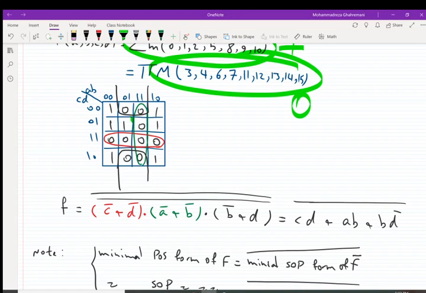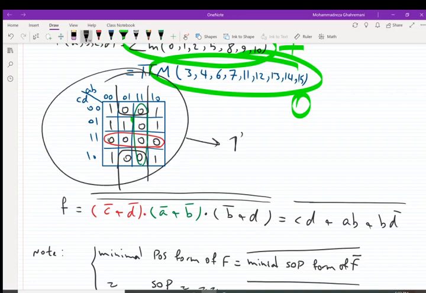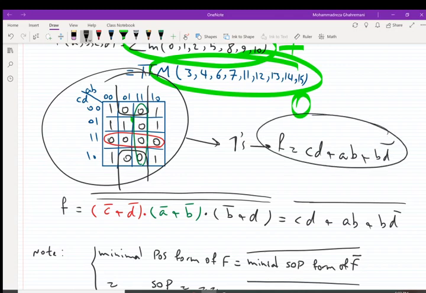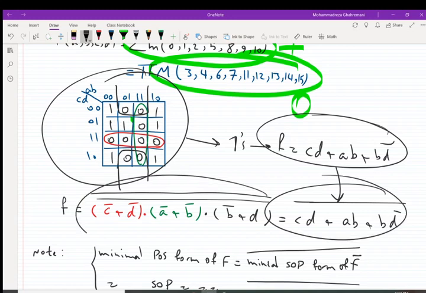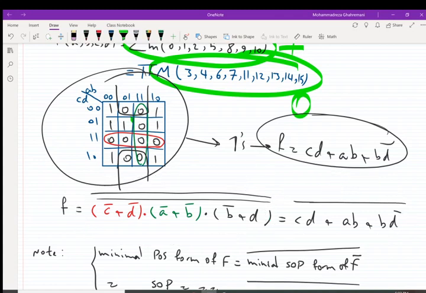It means that if in this table we considered ones instead of zeros, the function would be equal to CD plus AB plus BD bar. And if you see, the complement of this function is equal to product of sum. So it's very important to know the relationship between sum of product and product of sum. Okay, so this lecture was about K-map in the form of product of sum.